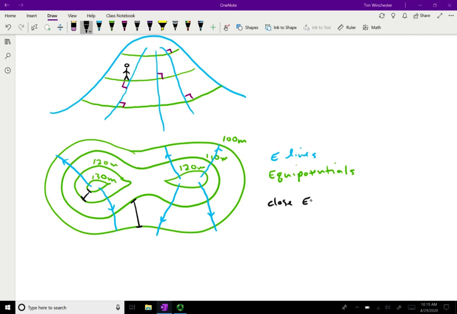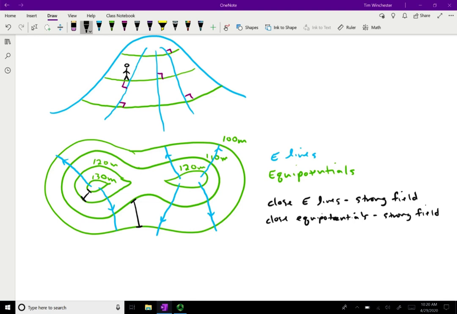Close electric field lines imply a strong field, and close equipotentials also imply a strong field. If you imagine that there's some region where the height of the hill is not changing at all, then that means that the derivative of that height is really small.